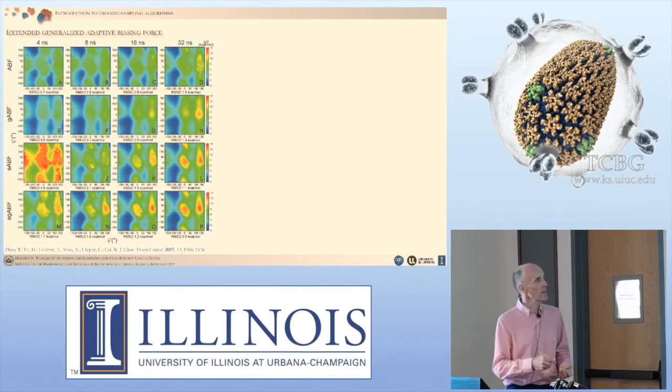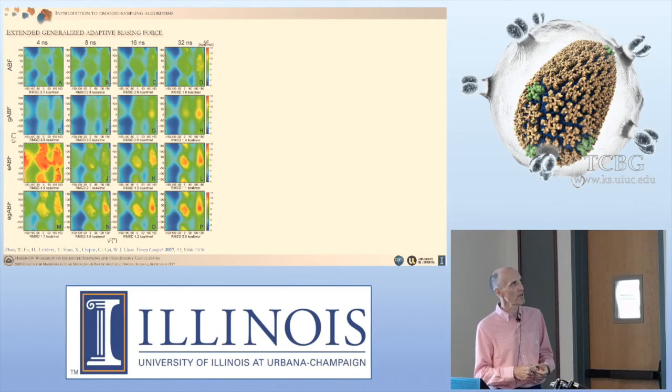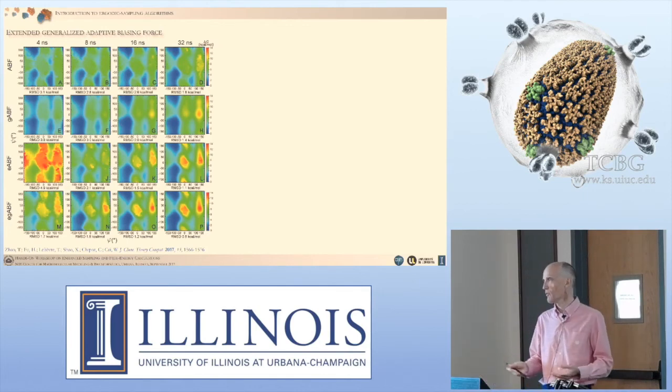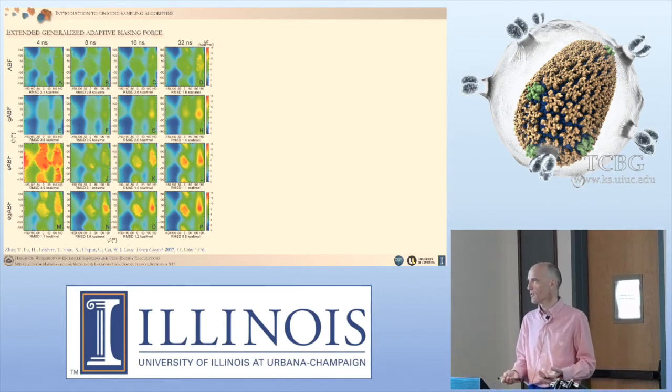What you see here is the free energy map for dialanine in water. We studied that with 4 methods: ABF, generalized ABF, extended ABF, and extended generalized ABF. Our point of reference is a long 200 nanosecond multidimensional ABF free energy calculation.